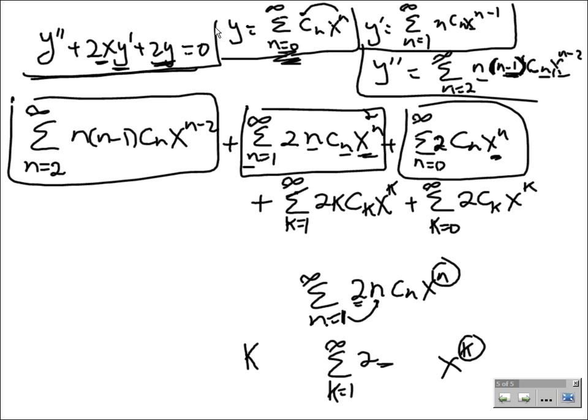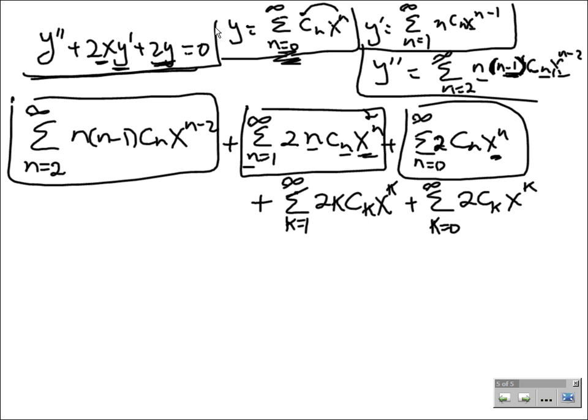So k starts at 1, and I'm supposed to start at c_1. Well, if k starts at 1, I'll just put c_k. If you notice, all that happened was n became k. But unfortunately, that's not true in the first summation, because it's not x to the n. Nonetheless, I want to get x to the k.